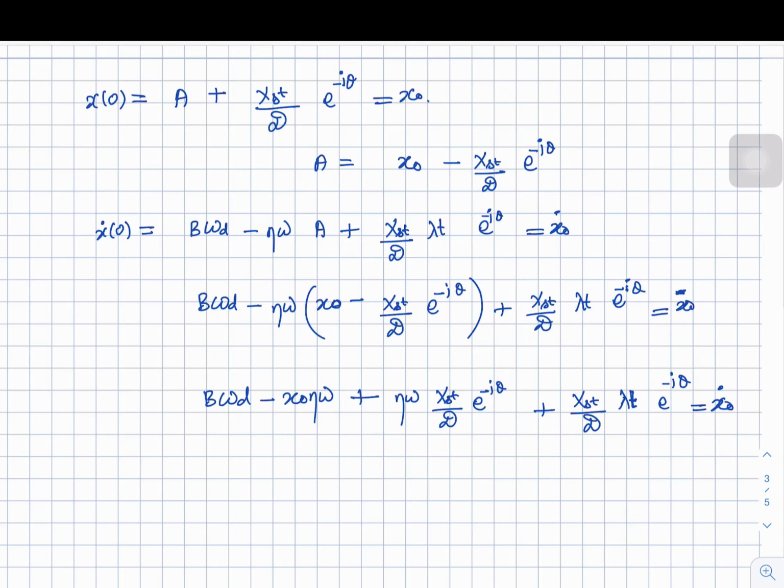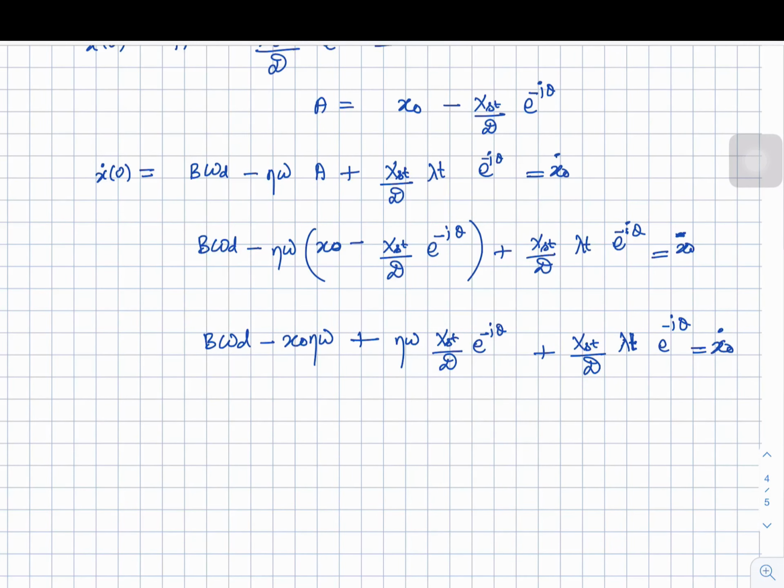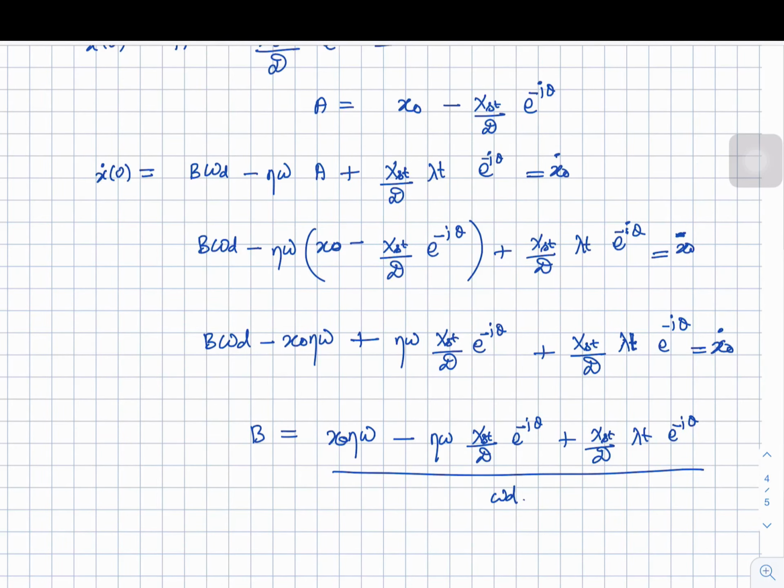Oh, we need to find B here, so B becomes x naught eta omega minus eta omega x_st divided by D e power minus i theta plus x_st divided by D lambda e power minus i theta, divided by omega_d.